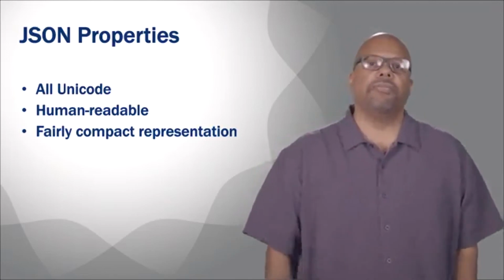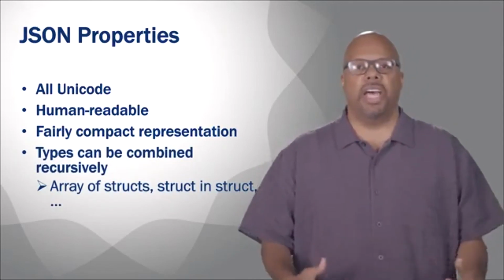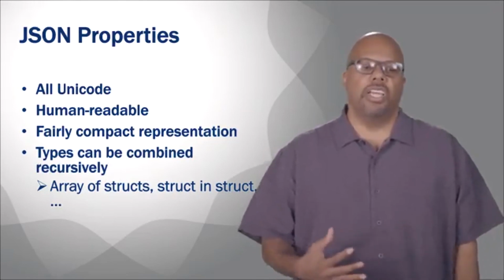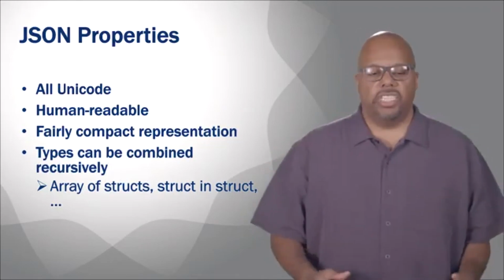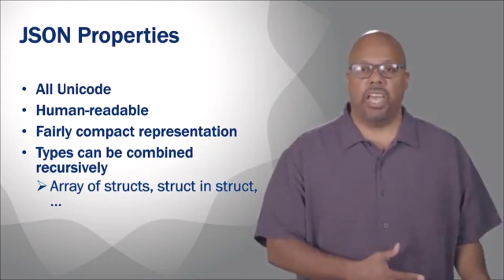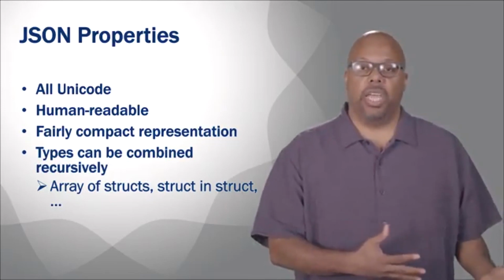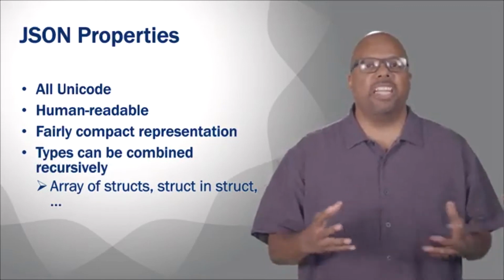Put it like that. And so the types inside JSON can be combined recursively. When I say the types, I mean the different types of data that you're putting together. Remember that in JSON, we're going to want to represent these different data structures, these objects that we have in Golang, as JSON objects. So they can be combined recursively.